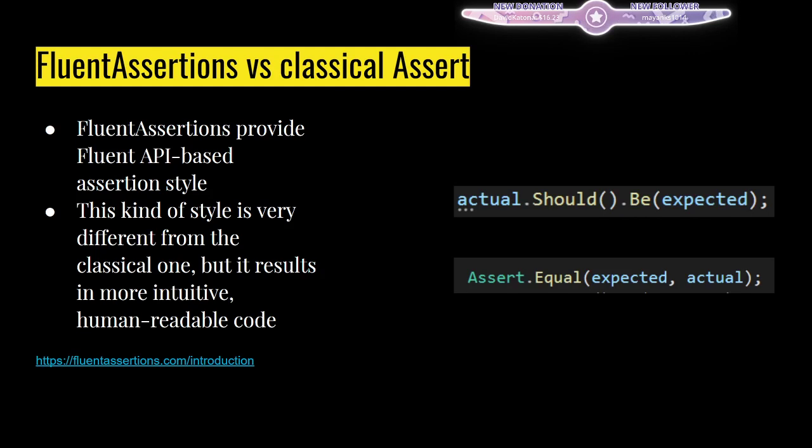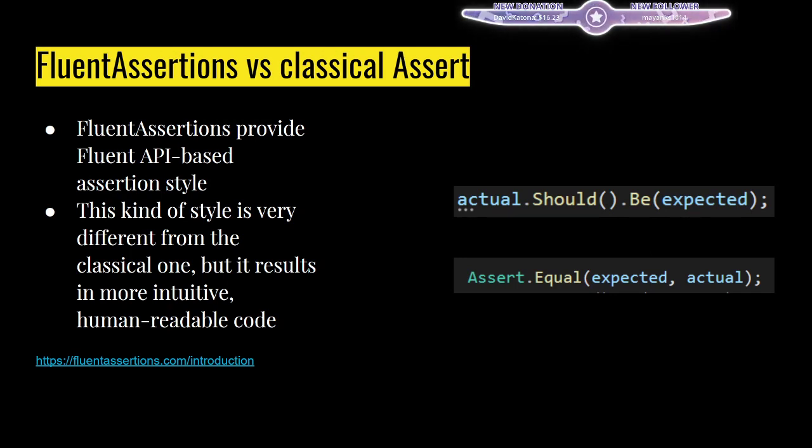Fluent Assertions. Why do we need Fluent Assertions, and how does it look compared to classical assert? Again, Fluent Assertions uses a Fluent API-based assertion style. This just means that it asserts as if a human would read this code, very human readable. It's not just calling an API, it's basically a poem written in code.